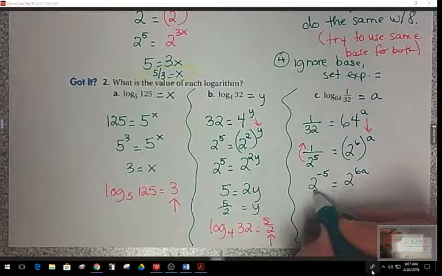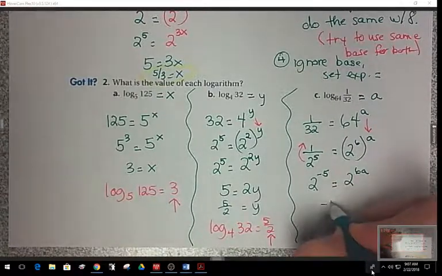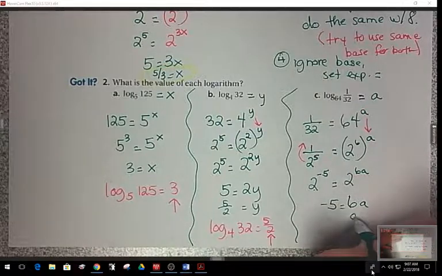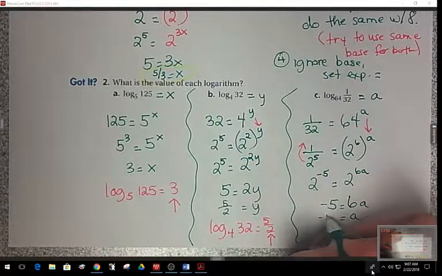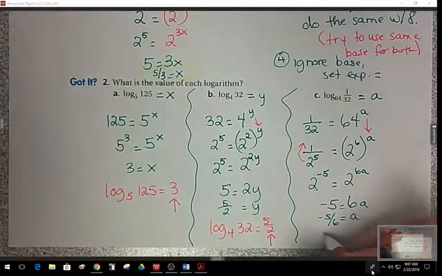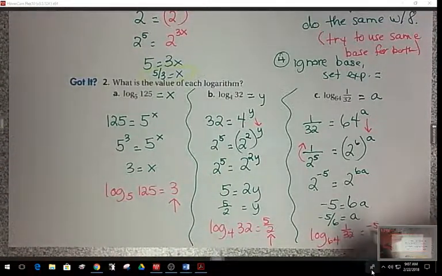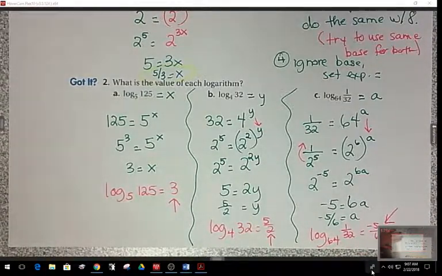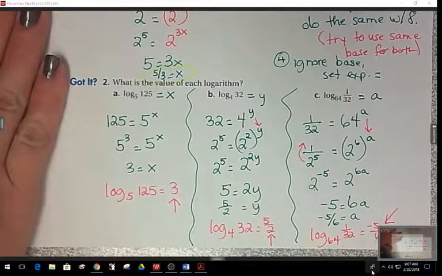So I'm going to ignore those bases and set my exponents equal. So a equals -5 over 6. So the log base 64 of 1 over 32 equals negative 5 over 6. And again, this is the answer, the value we were looking for.